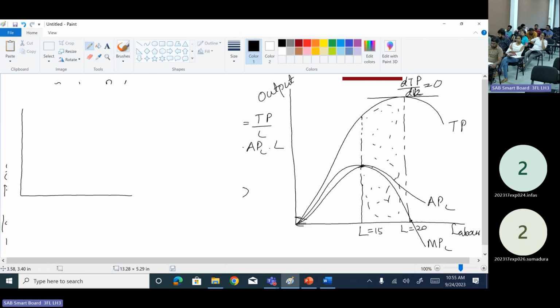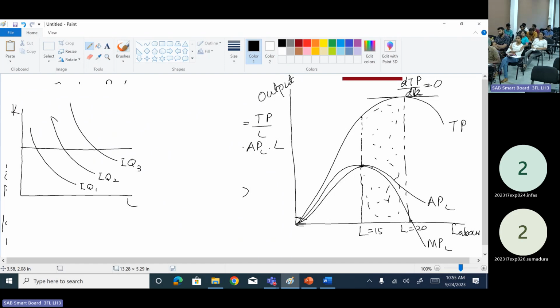Now on the cost curve, we use different capital and labor inputs. IQ1, IQ2, IQ3 for an isoquant.